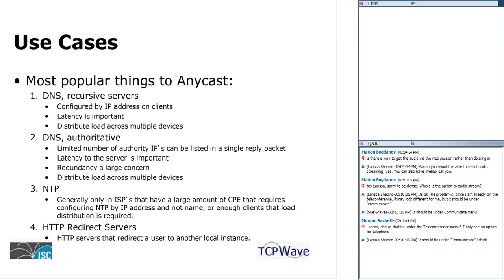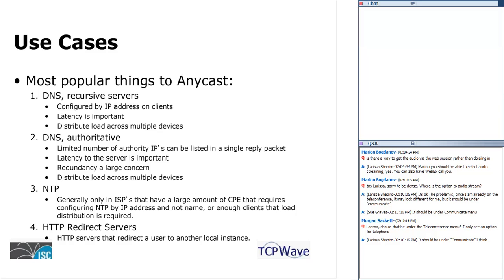Whereas the authoritative servers are meant to publish the address of, for instance, your website to the whole internet, so they address the outside of your network, and therefore Anycast there tends to be used on the global level with BGP. And another protocol that's often Anycasted is NTP, the Network Time Protocol. It also shares a number of characteristics with DNS that make it particularly suitable for Anycast.